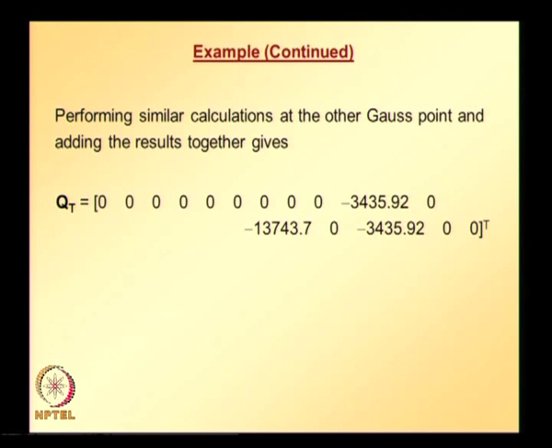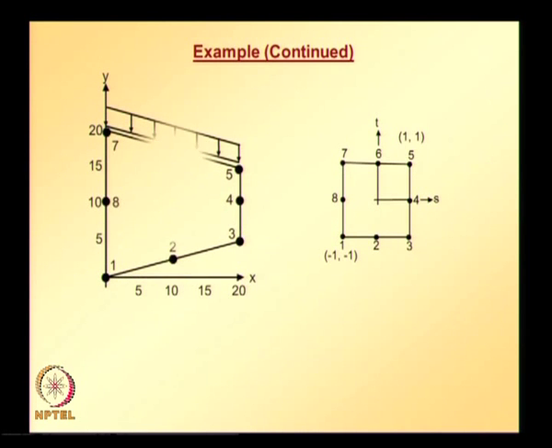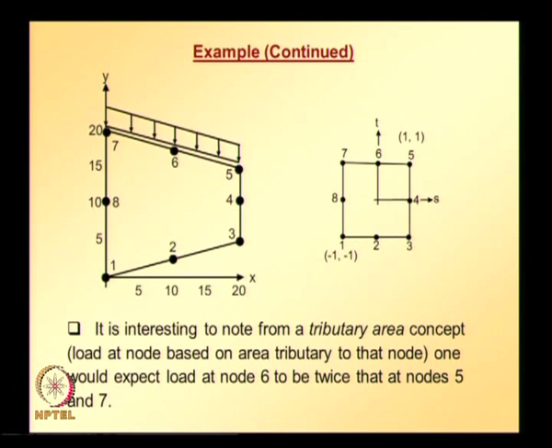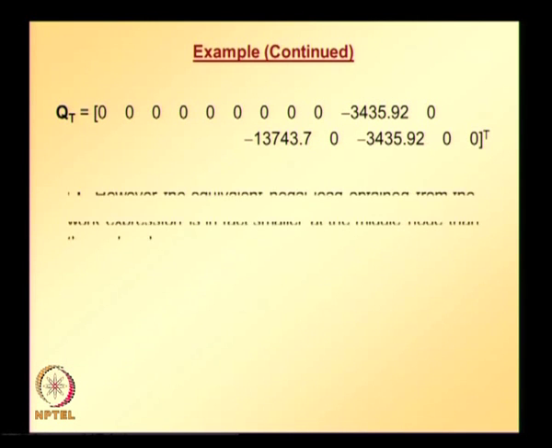And if you look at this one, it is interesting to note that from the tributary area concept, load at the node based on area tributary to that node, one would expect load at node 6 to be twice that at nodes 5 and 7. But that is not happening here.